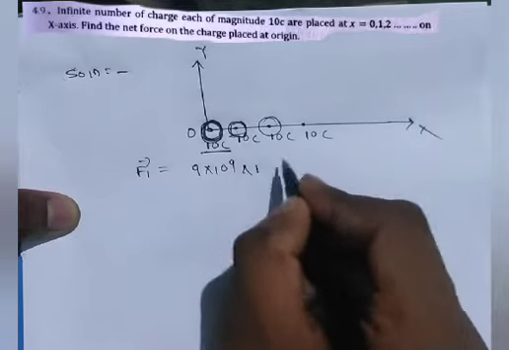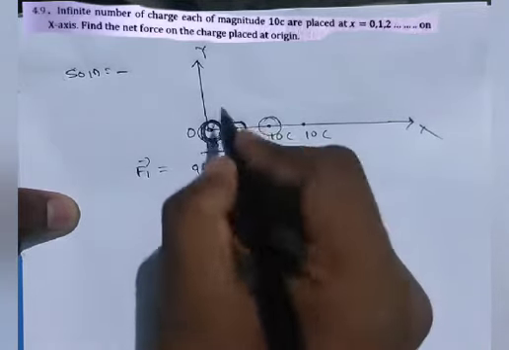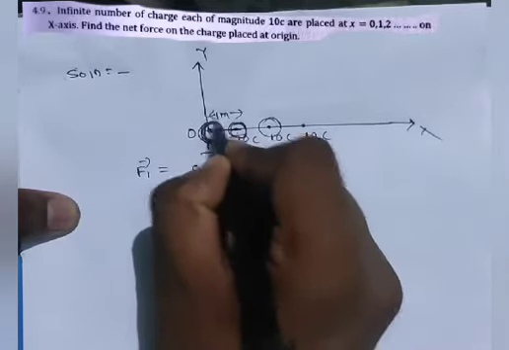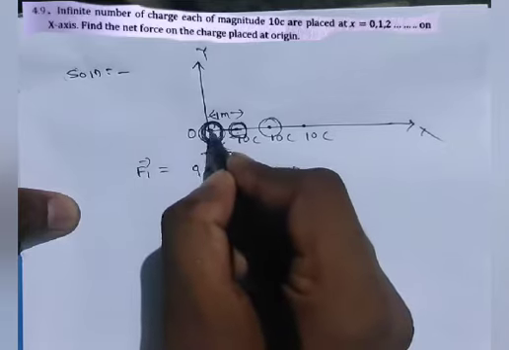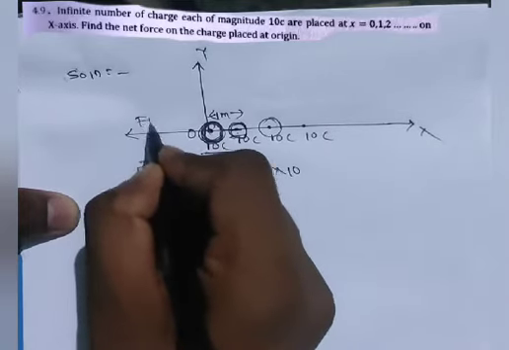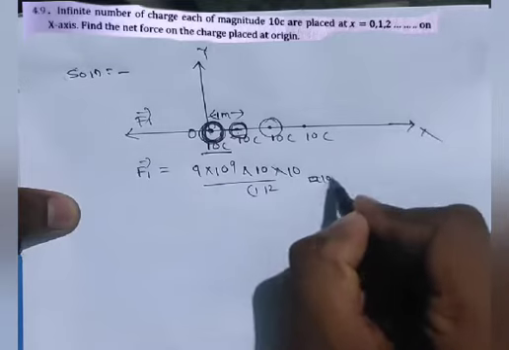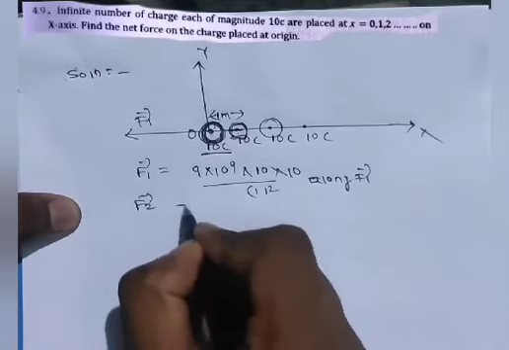Q1 is 10 coulomb, Q2 is 10 coulomb, and the distance between these two is 1 meter, so 1 square, and that will be directed along F1.